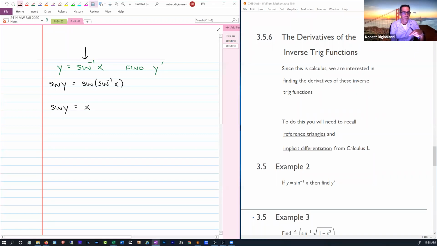So here's where I'm going to do implicit differentiation. So I'm going to take the derivative on both sides of this equation with respect to x. So I'm going to take the derivative on the left side of the function with respect to x. And then I'm going to take the derivative with respect to x on the right side. So the right side is the easier one.